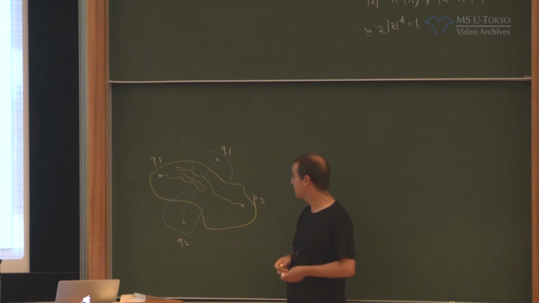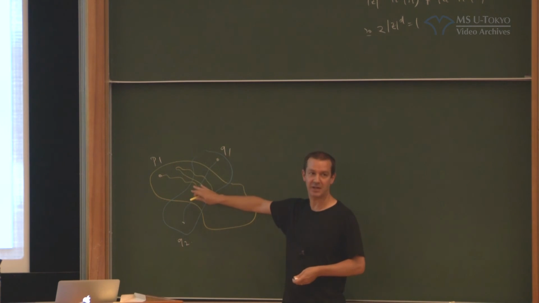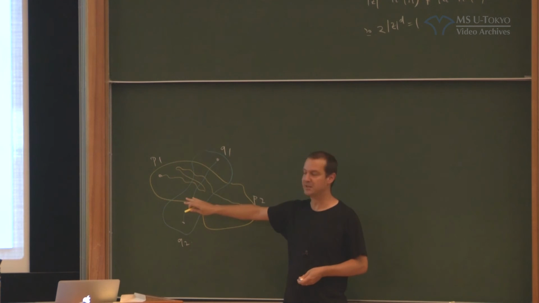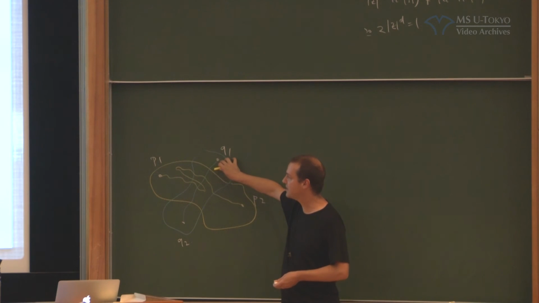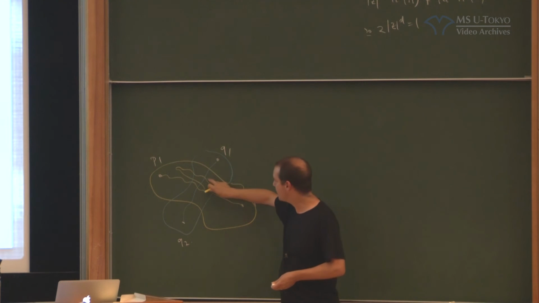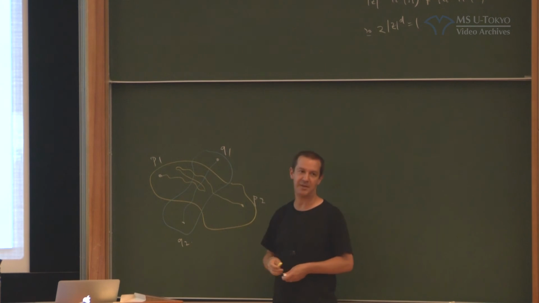Now, the yellow path and the blue path are not in u of lambda and v of lambda. What they're in is, this one is in the z to the n delta over 2 neighborhood of u of lambda. This is in the z to the n delta over 2 neighborhood of v of lambda. So I don't know that the blue path and the yellow path intersect.